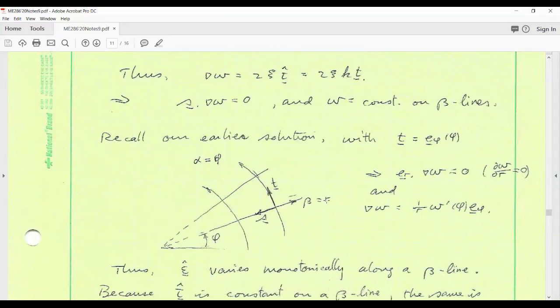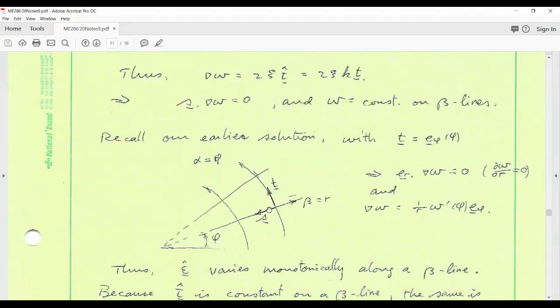We can take radius as the parameter, the coordinate along the beta lines if we want. The alpha trajectories with unit tangent T were concentric circles. We can take the coordinate alpha, we can identify it with phi, right? So we can identify the beta-alpha coordinate system as just the polar coordinate system in this case.